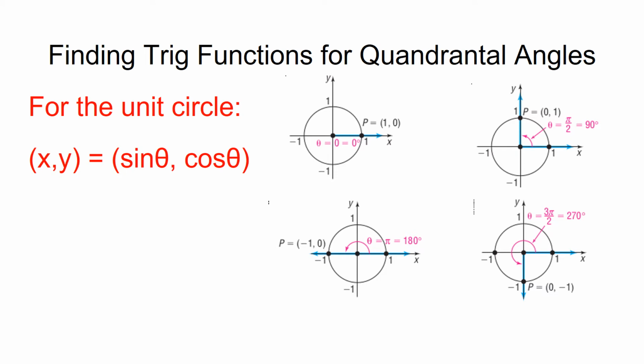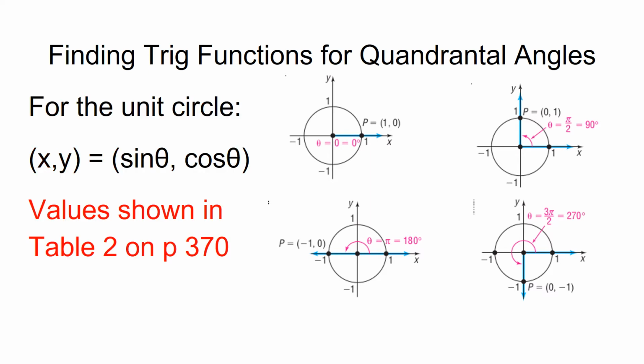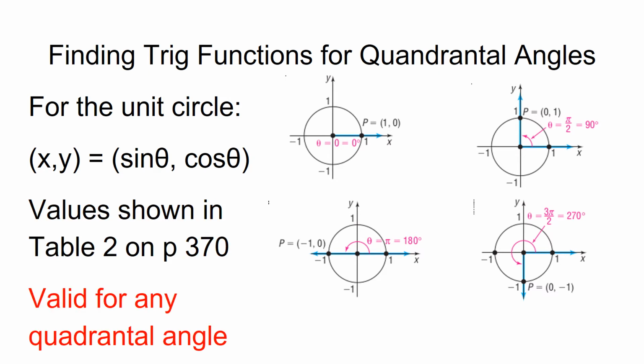Because of the way they're defined, we know that the xy coordinates of a point on the unit circle correspond to cosine theta, sine theta, and we can use this fact to help us find the trig functions for quadrantal angles. These functions and their values are summarized in Table 2 on page 370 of the textbook. The values are valid for any quadrantal angle, including negative ones or ones greater than 360 degrees or 2 pi.